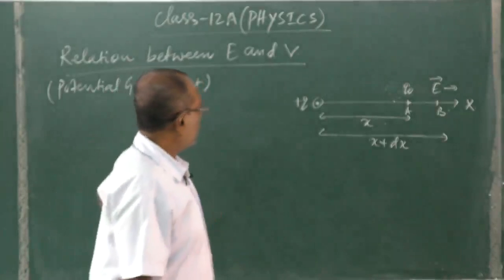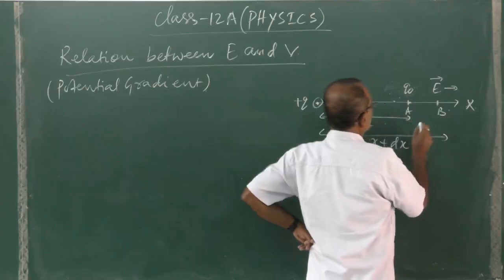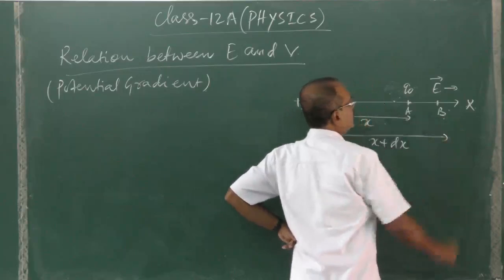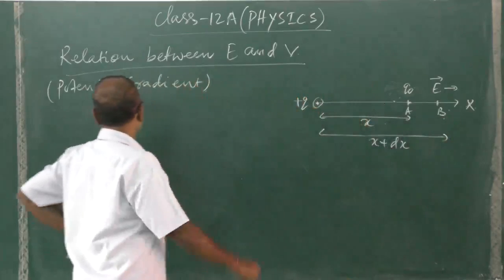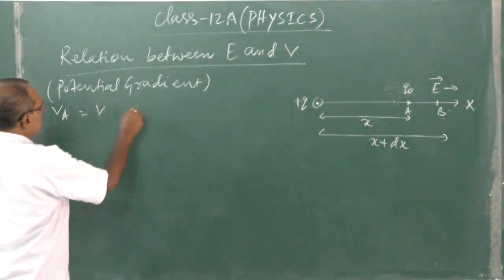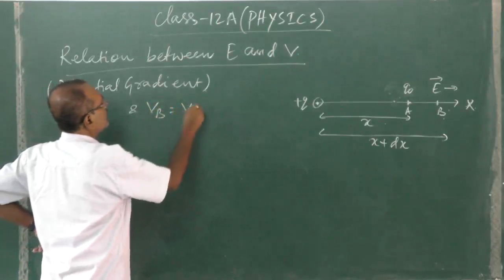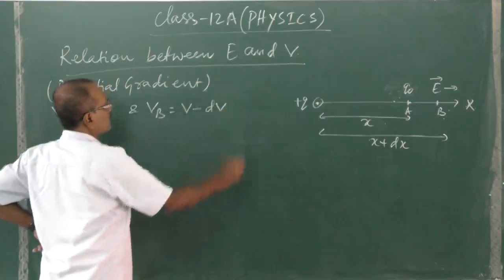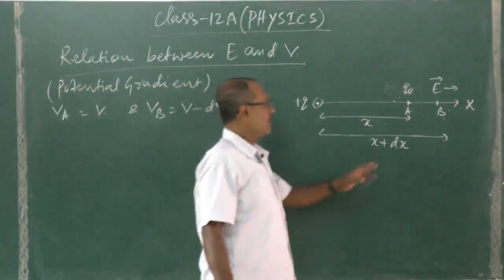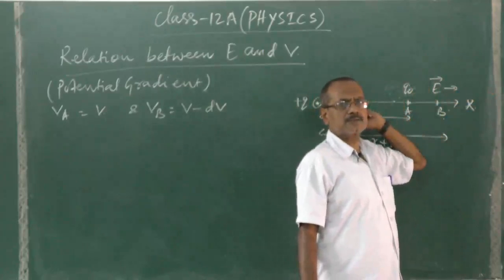Now, potential at A, say it is V. So VA equal to V, and we are taking VB equal to V minus dV, because it will be less. From infinity we are bringing the charges.